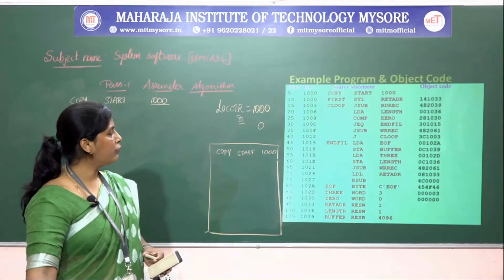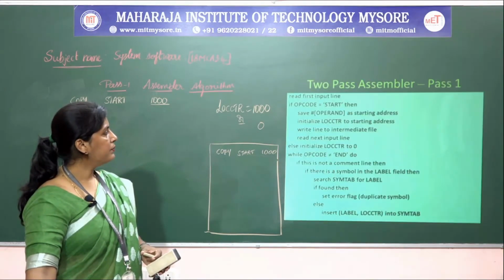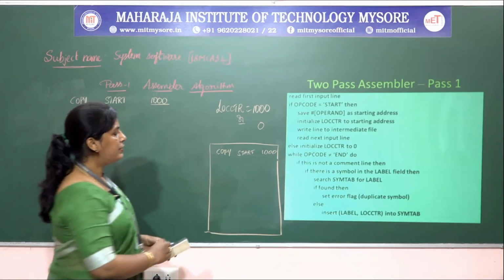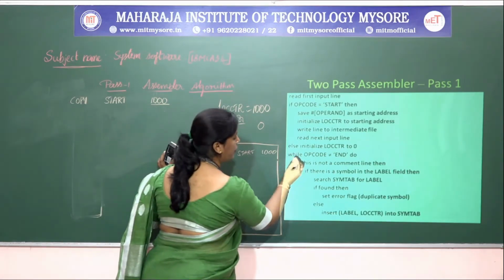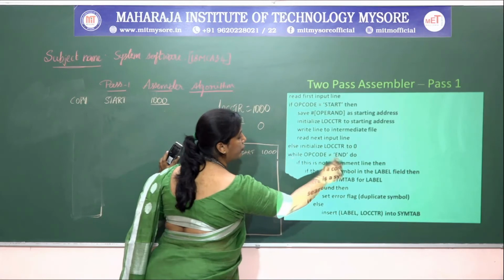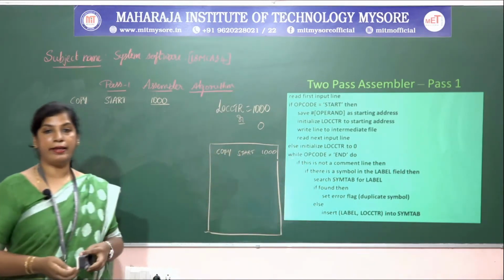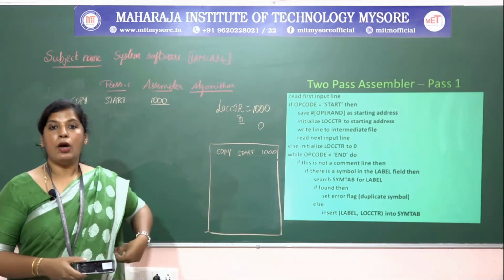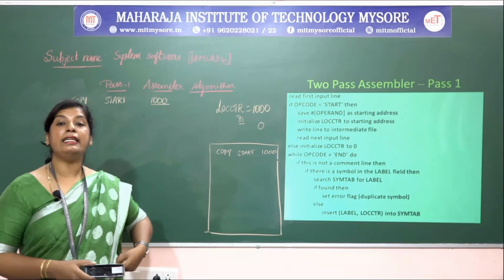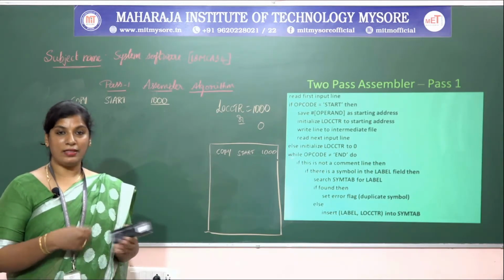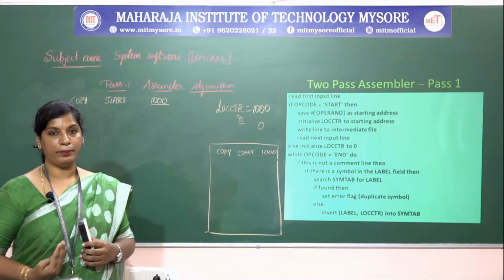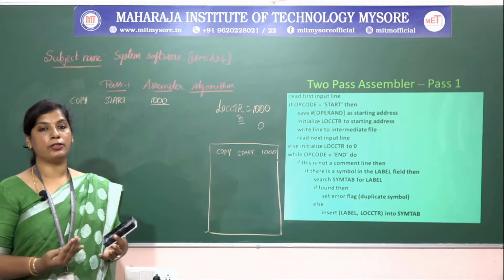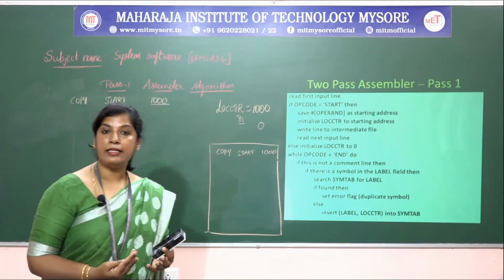For that we put them into a while loop: while the opcode is not equal to END, we process all the lines. Once it encounters END, it comes out of the loop.